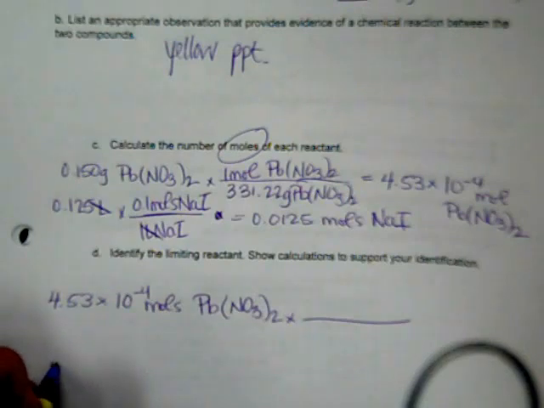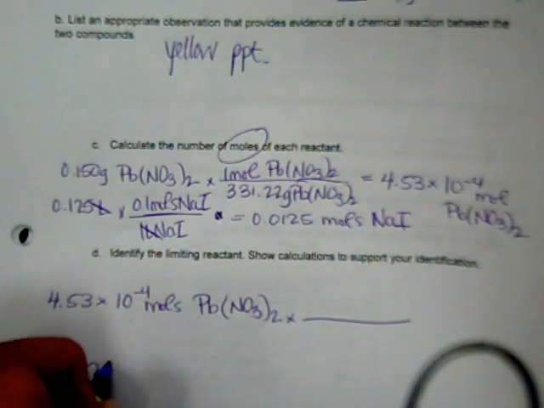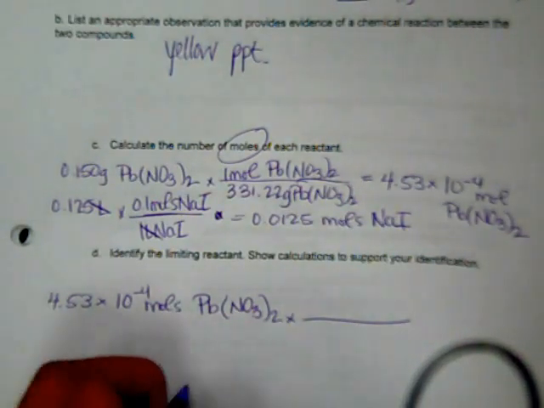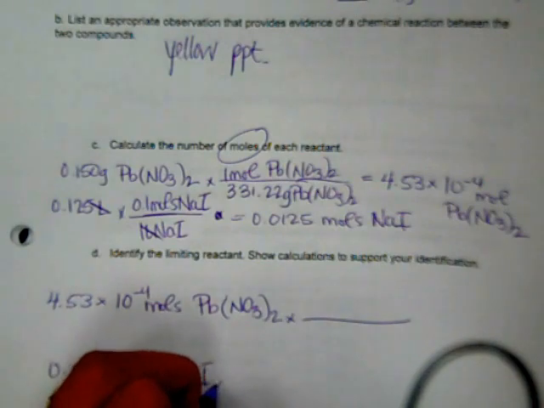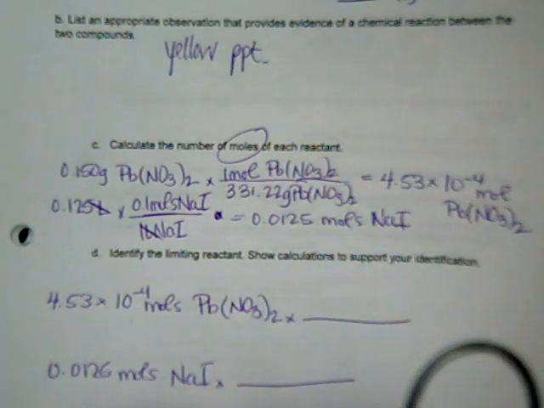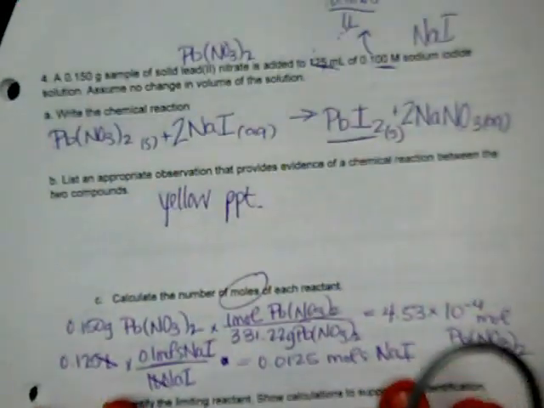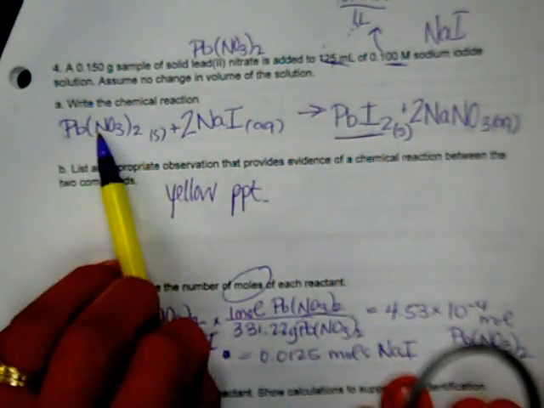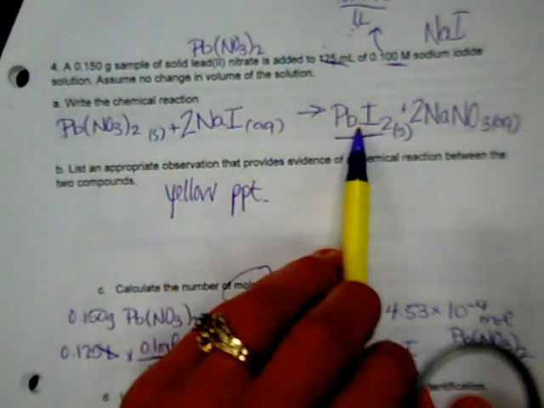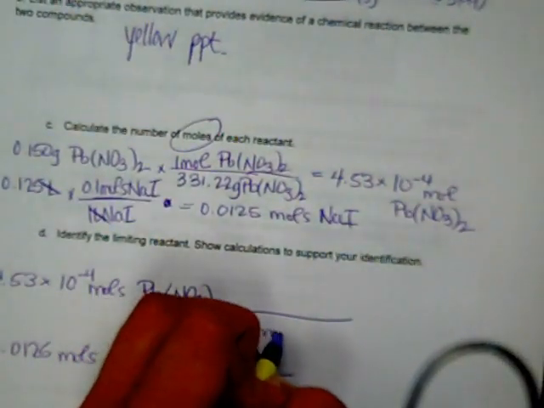And then starting off with the solved 0.0125 moles of my other reactant, I'm going to see how much product I can make. According to my balanced chemical equation, for every 1 mole of lead-2 nitrate, I form 1 mole of lead-2 iodide. So that's easy math.